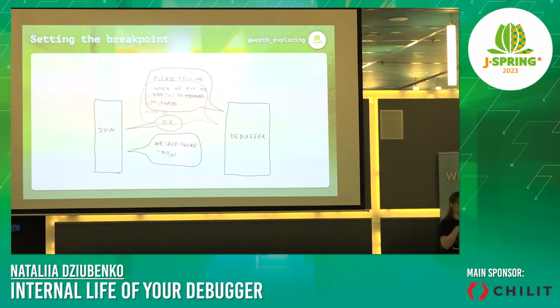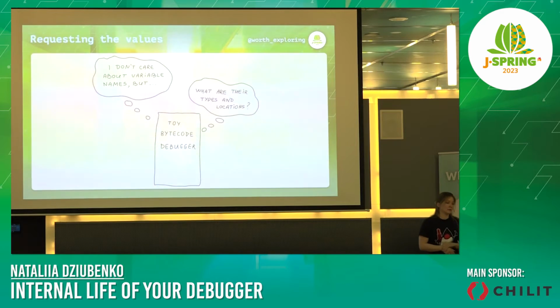So once we have the method ID, we can actually place the breakpoint, which is simply asking the JVM to notify you about this breakpoint event. For the JVM, this breakpoint event happens on every line of code, but you need to specify when exactly you would like to be notified. I'll talk about it in a second.